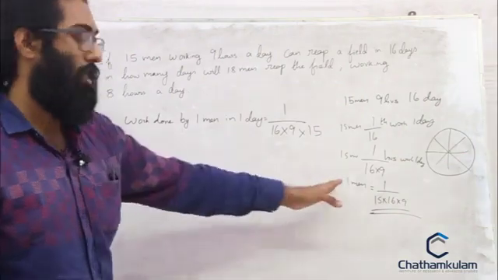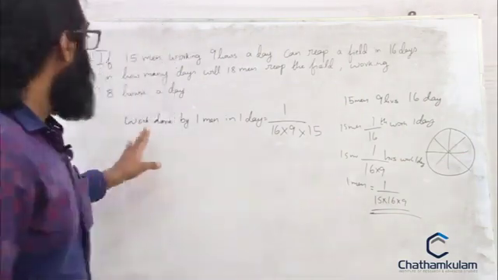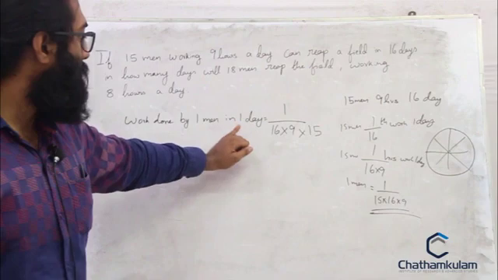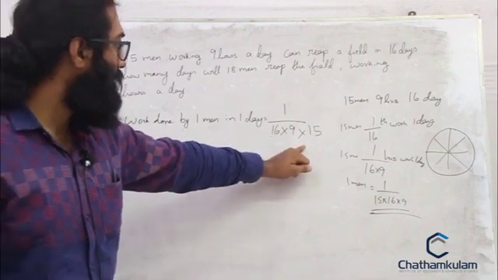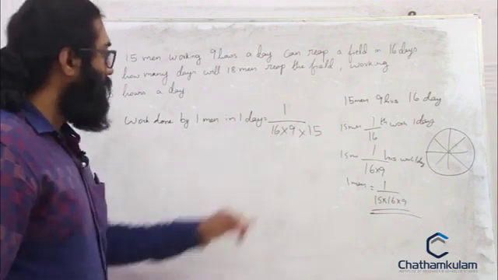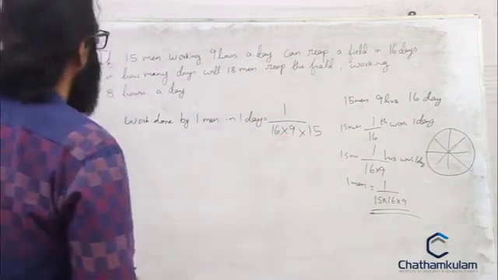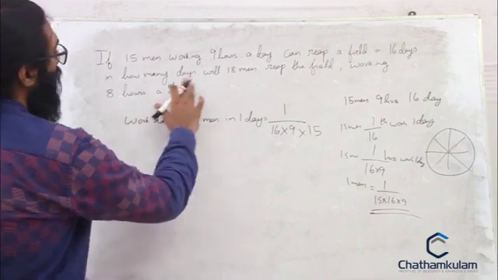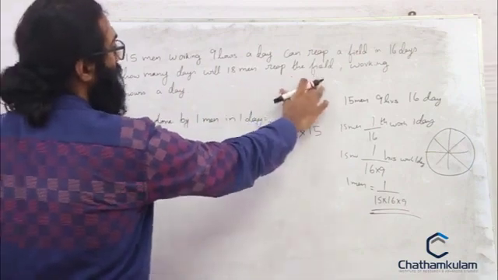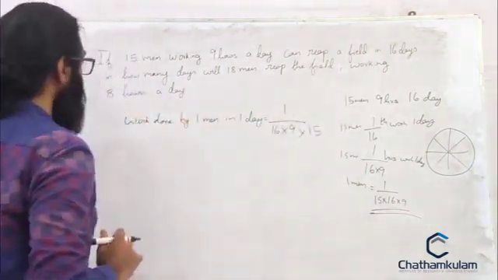Okay, is the concept clear? So work done by one man in one day is equal to 1/16 into 9 into 15. In the same way, we have to calculate in how many days will 18 men reap the field working 8 hours a day.